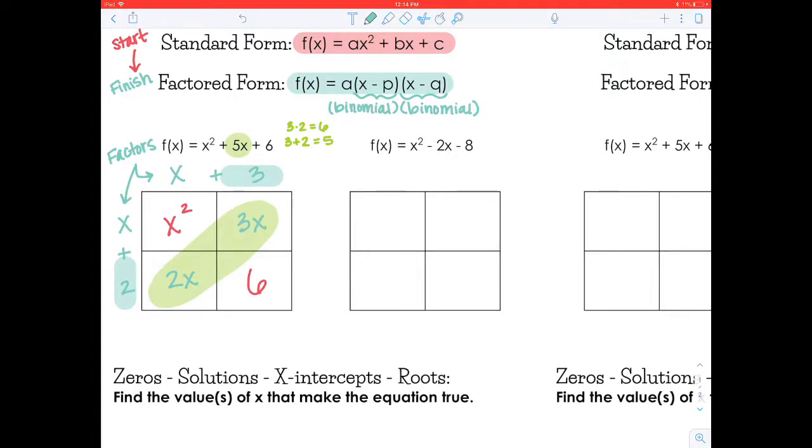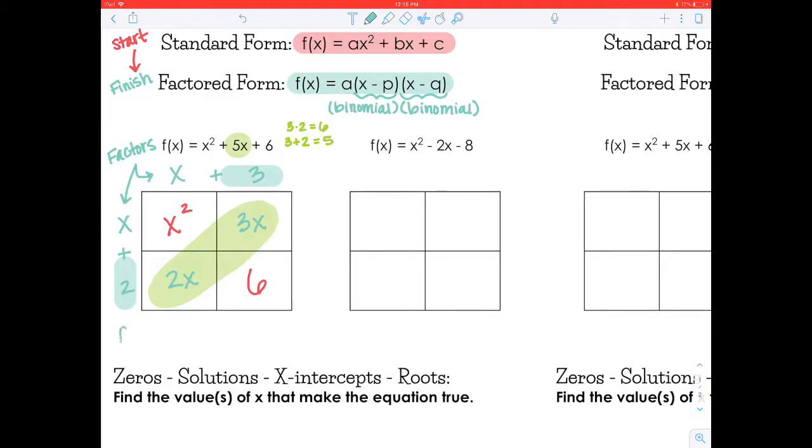Okay, so now we're going to write the equation in factored form like it is here, just the binomial times the binomial. A is 1. We know that because we just have an x squared here. There's just a 1 right there that's implied.